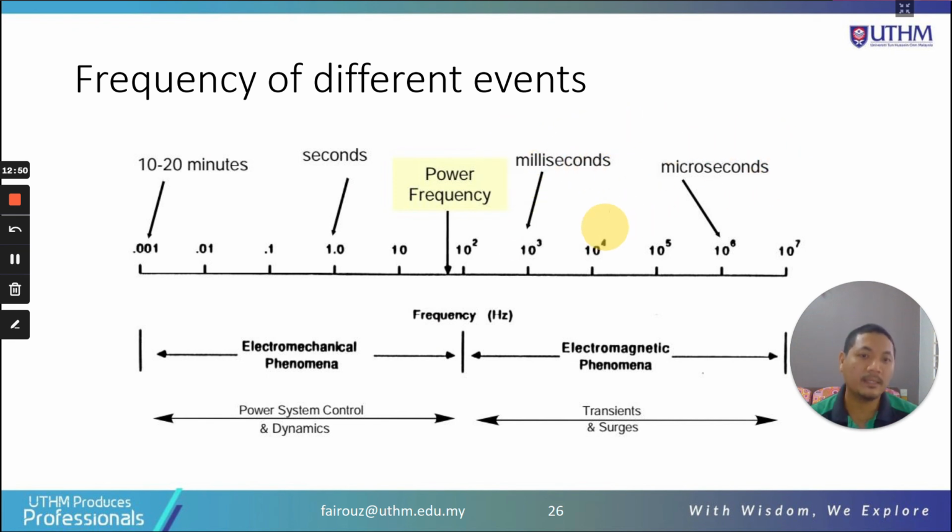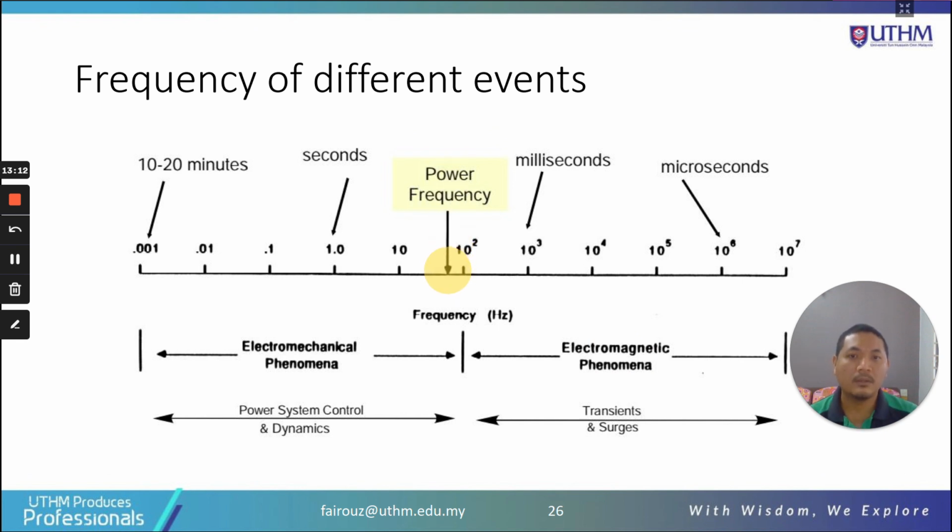This is basically overvoltages with transient shape and surges because of electromagnetic phenomena, usually mainly due to lightning, for example. And then here we have power frequency.